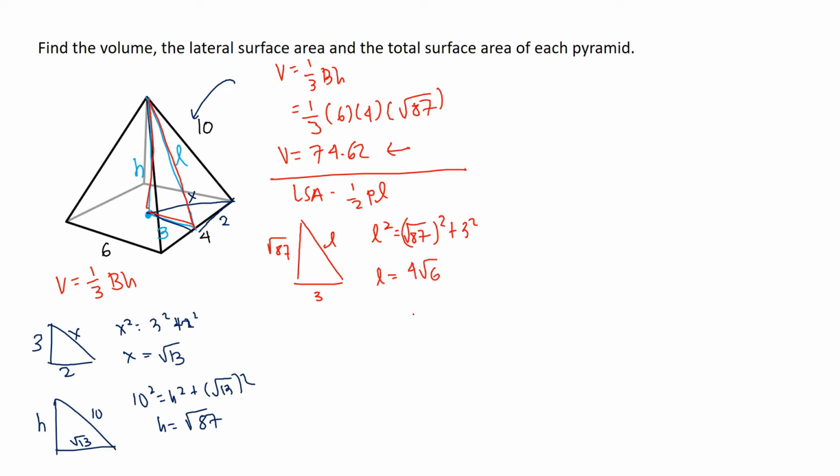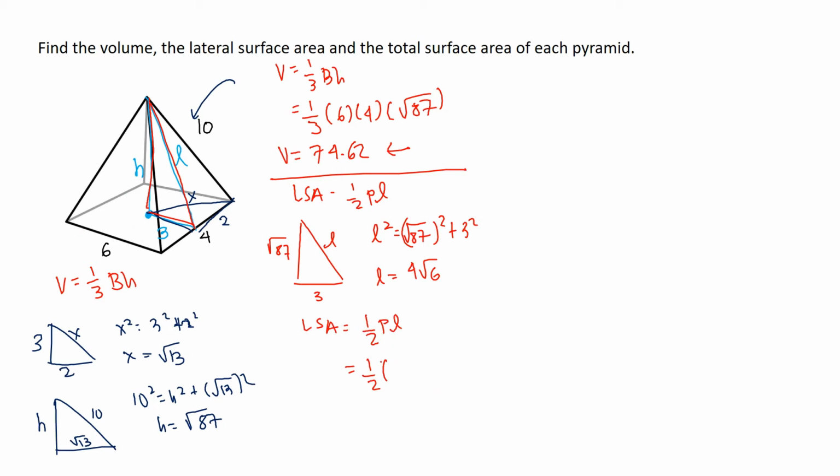Okay? So, we already got the slant height. The perimeter we can get easily since the sides are given. So we can solve the lateral surface area: 1/2 perimeter times slant height. How much is the perimeter? It's rectangular, obviously: 6, 6, 4, 4.